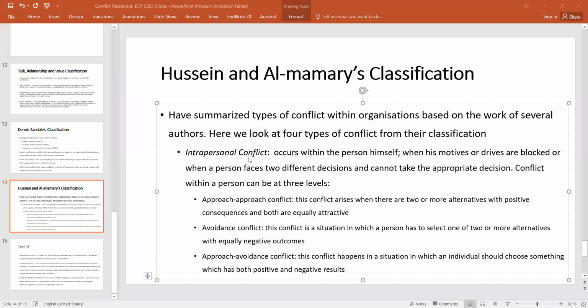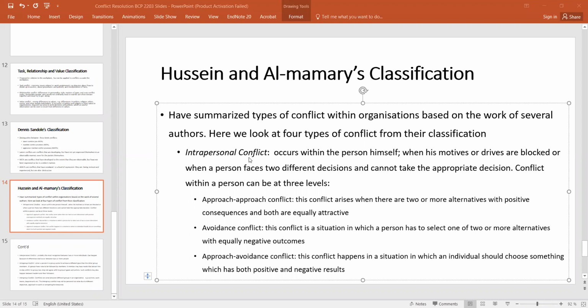You want to do something, but the situation is not allowing you. Or you have different choices and it is making it hard for you to make a choice. In that case, it might be one of 3 different types of conflict, but this is one level, intrapersonal, within you, one person.